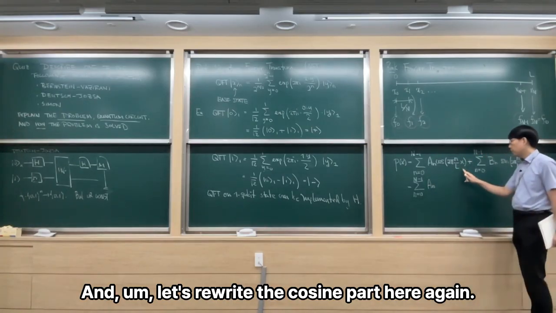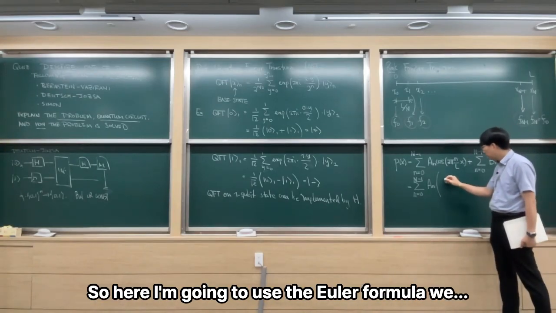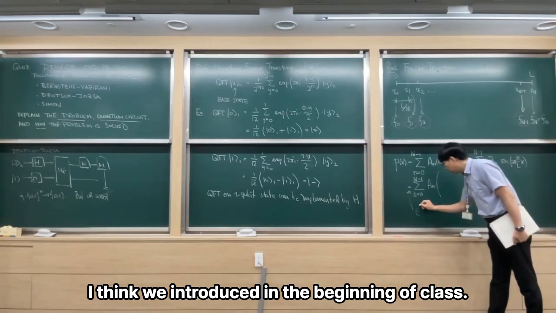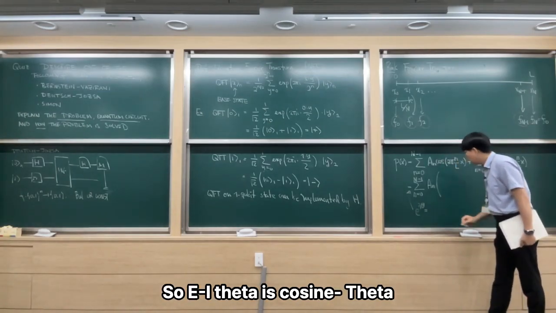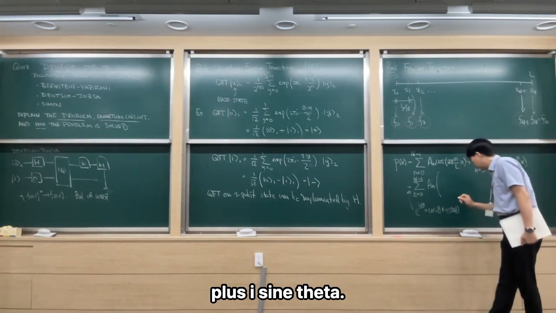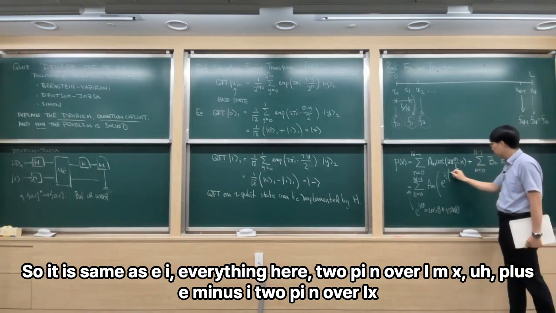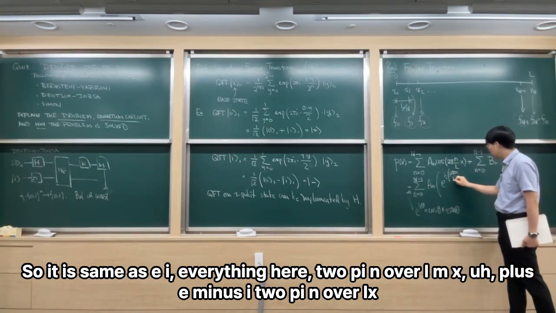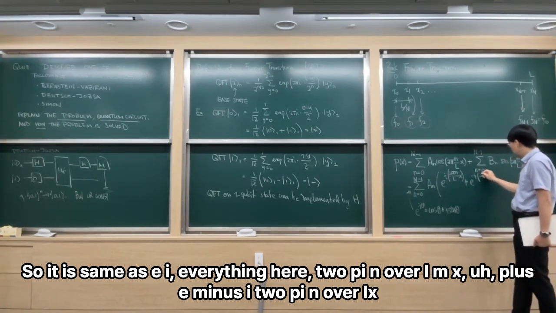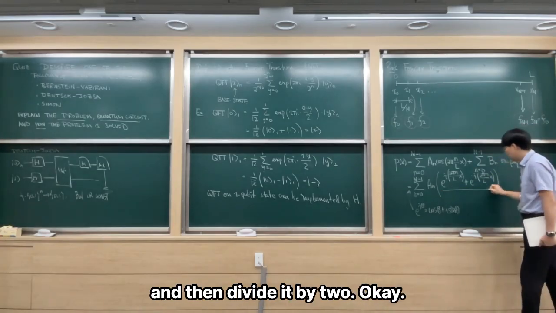Let's rewrite the cosine part here again. How do I write it with an exponential symbol? Here I'm going to use the Euler formula, which I think we introduced at the beginning of class. So e to the i theta is cosine theta plus i sine theta. So cosine is e to the i 2 pi n over L x plus e to the minus i 2 pi n over L x, divided by 2.